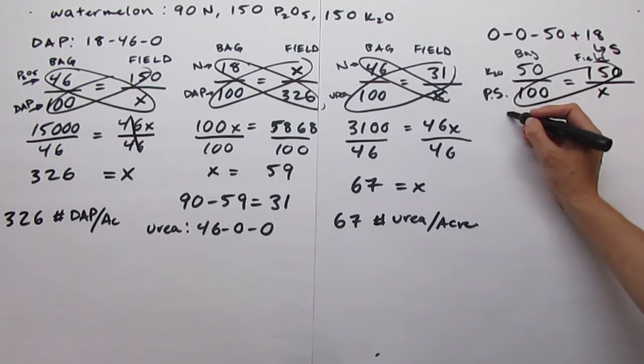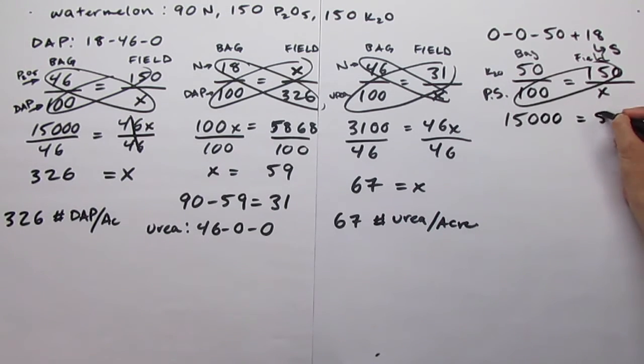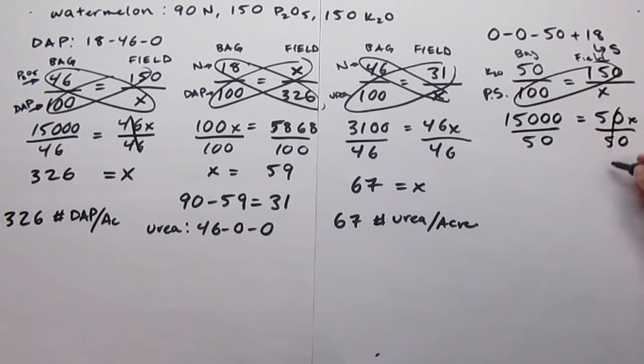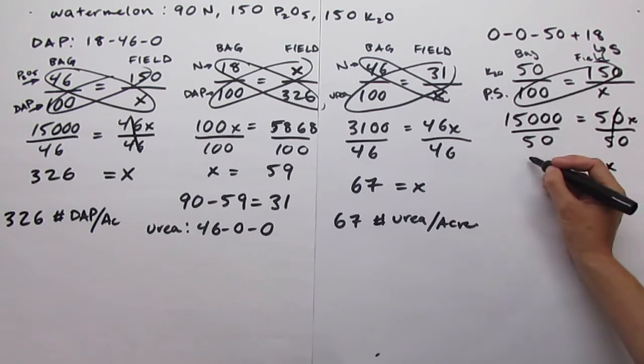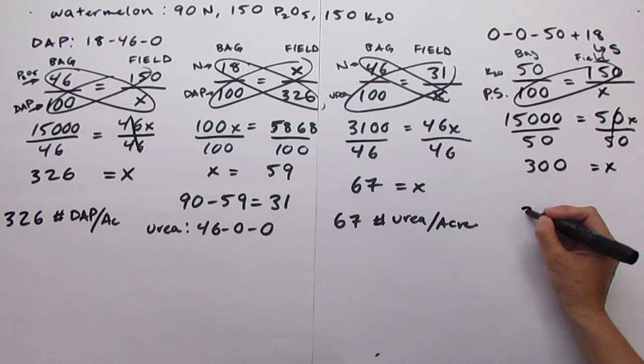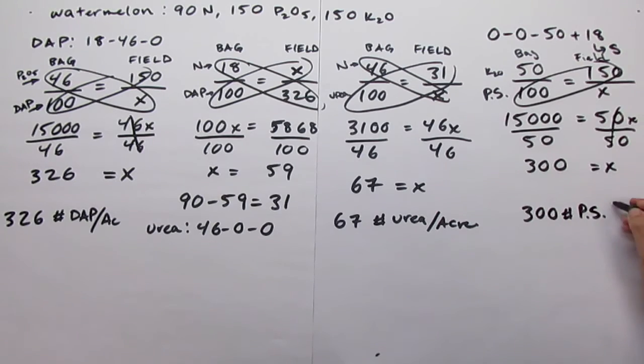Cross multiply: 15,000 equals 50x, divide to cancel the 50. That leaves us with x equals 300. So we need 300 pounds of potassium sulfate per acre.